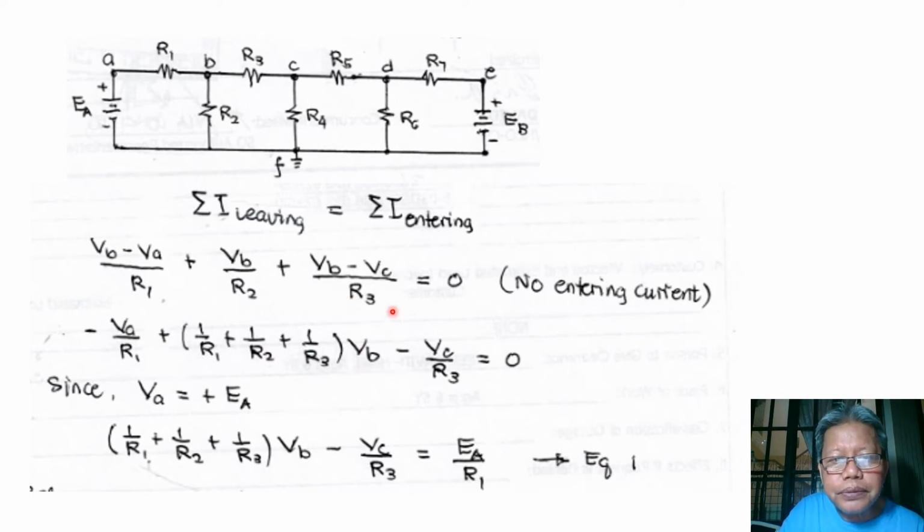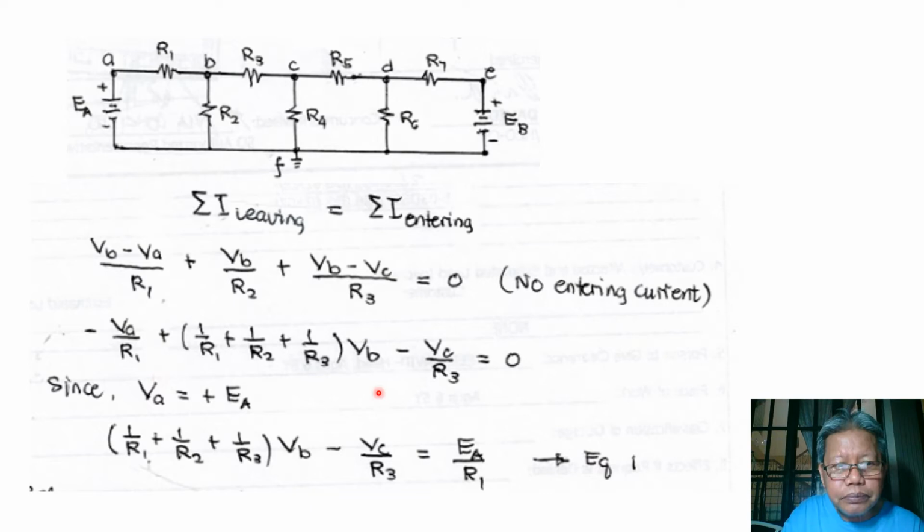And for terms containing V_C, we have only minus V_C over R3, and this is equal to 0. There is no voltage V_D and V_E because they are not linked to node B. So we have only V_A, V_B, and V_C in this equation.